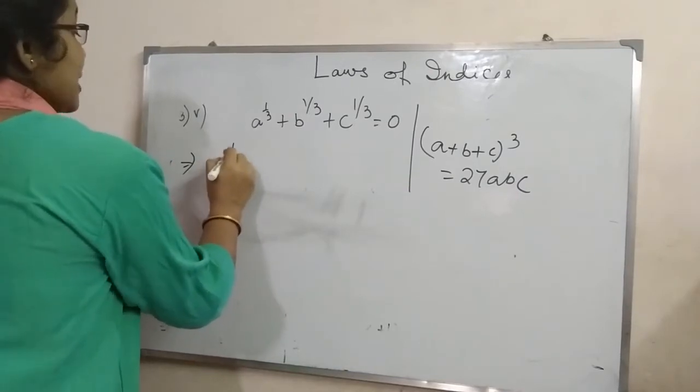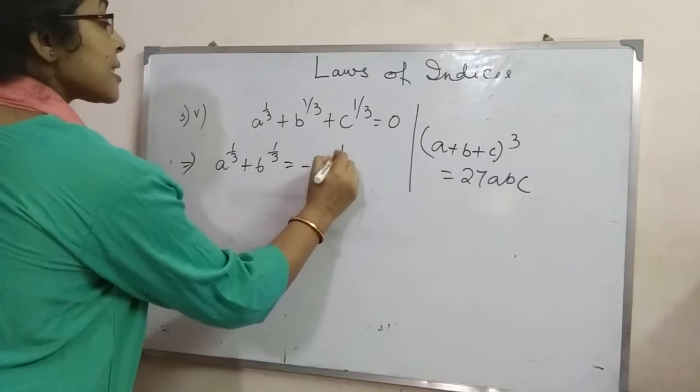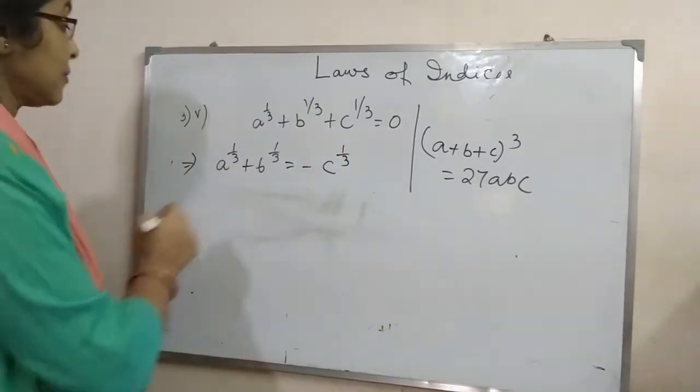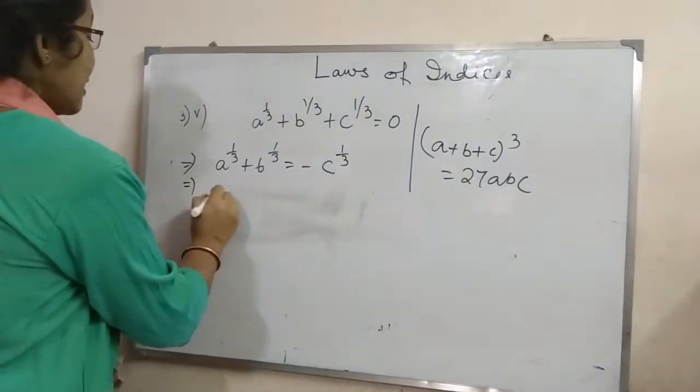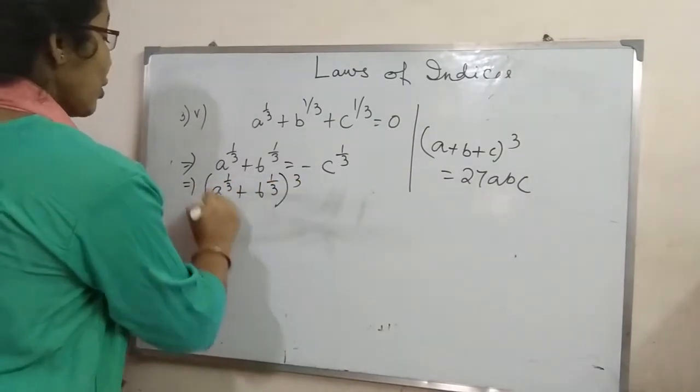I write it this way: a to the power 1/3 plus b to the power 1/3 equals minus c to the power 1/3, and after that I cube both sides.